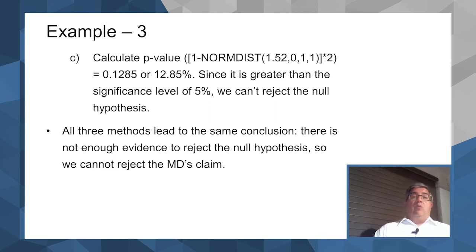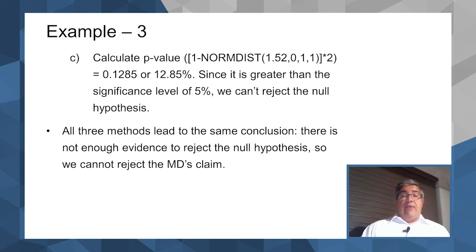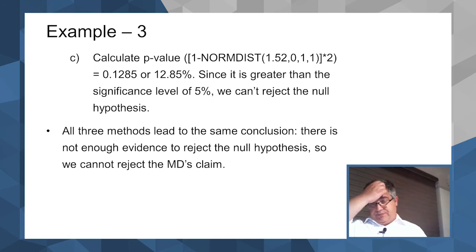So because we want the p-value, we want the extreme. So we do 1 minus NORM.DIST of 1.52, which is the z-score of the data, 0, which is the mean of the standard normal distribution, 1, which is the standard deviation, and 1 for cumulative. And then we multiply by 2 because we want a two-tailed test.